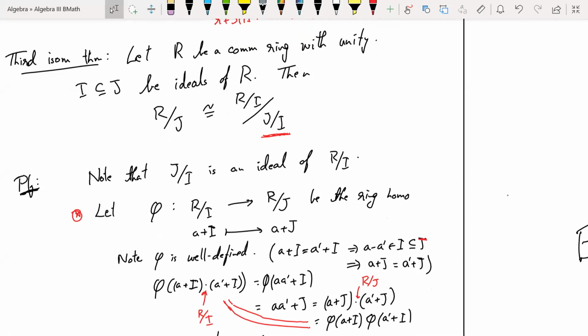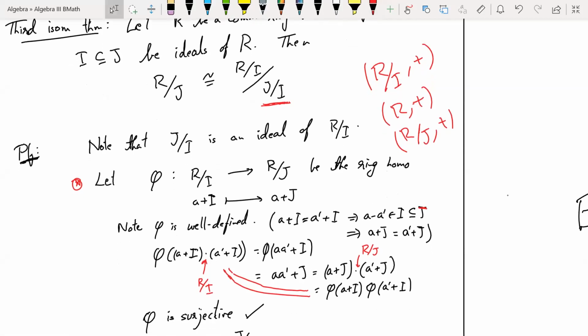You think of R mod I as a group under addition, R plus as a group, J mod I plus as a group, and apply your group theory result here, abelian groups in fact.